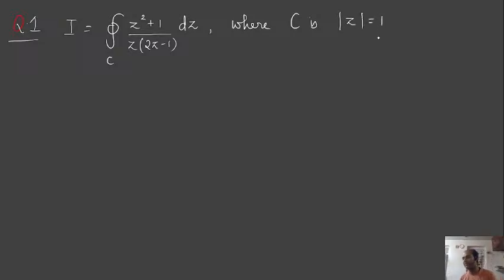Now this question we are supposed to solve using the Cauchy residue theorem, as we have learned so far, only that as the formula. Let us see how to handle this using the Cauchy residue theorem.